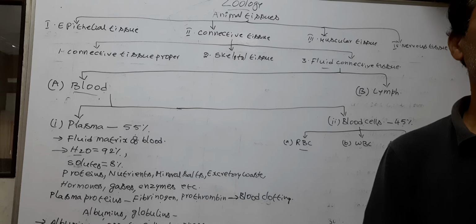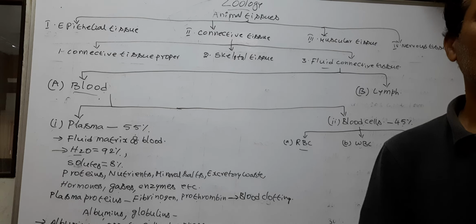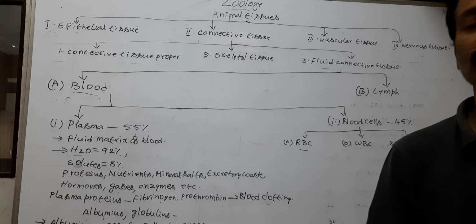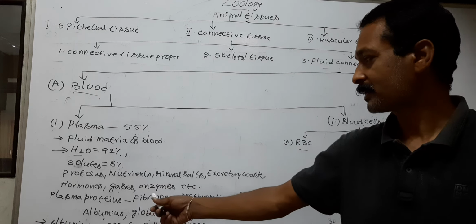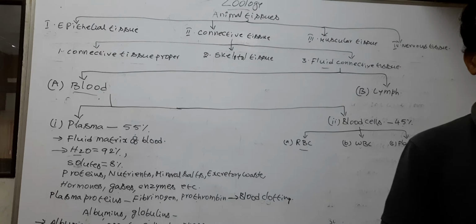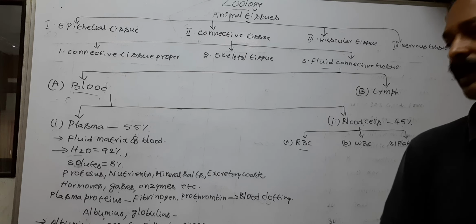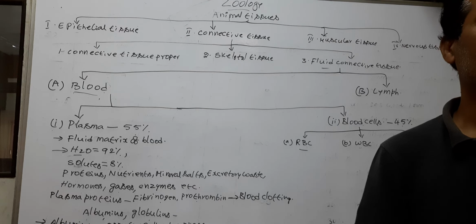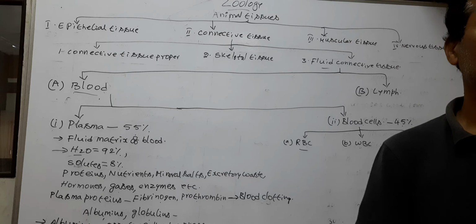Next, the salts of blood plasma are the chlorides, bicarbonates, sulfates, and phosphates of sodium, potassium, calcium, and magnesium. So plasma contains different types of mineral salts.